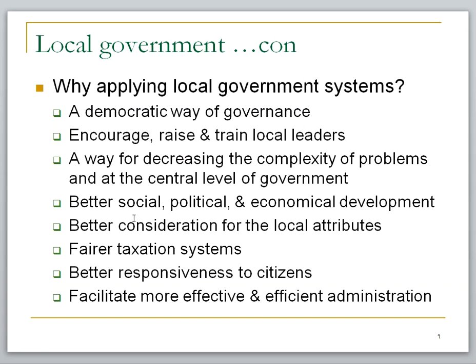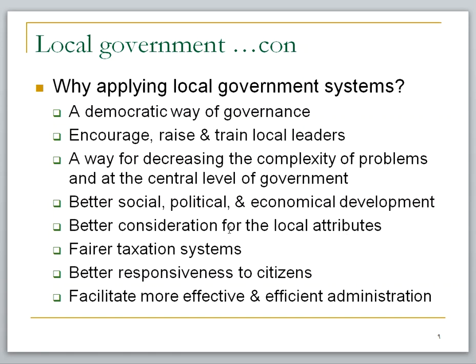This is a better social, political and economical way for development by dealing with different local issues and plans, better consideration for the local attributes. Each local and governmental geographic area has its own attributes.